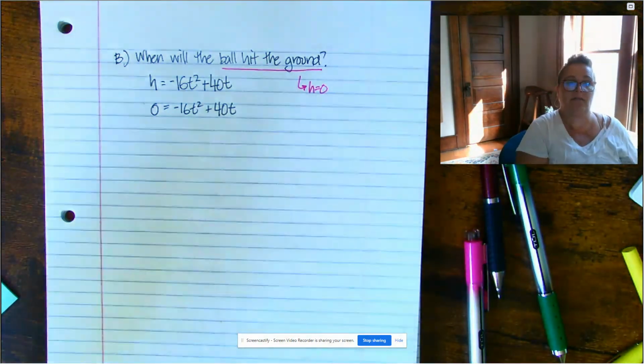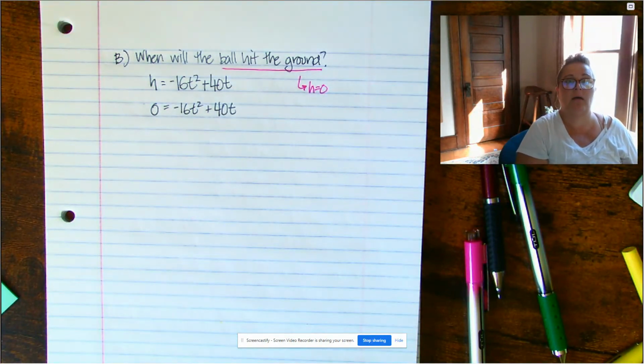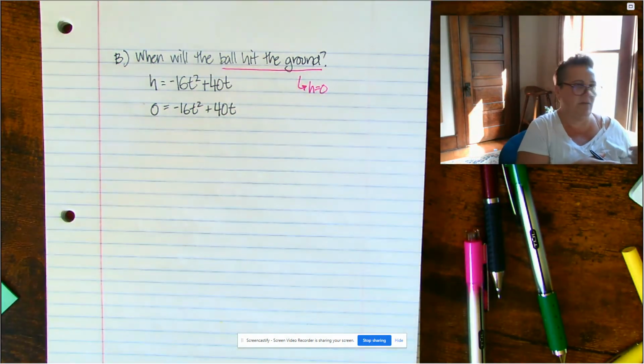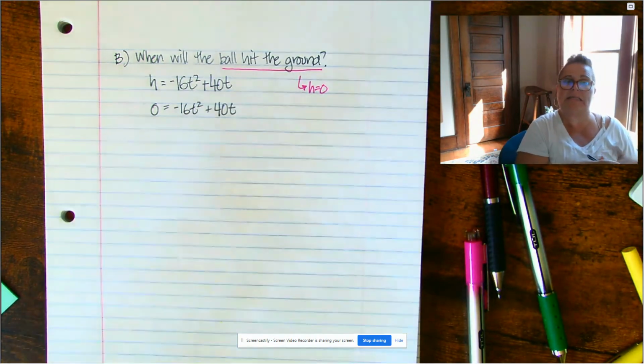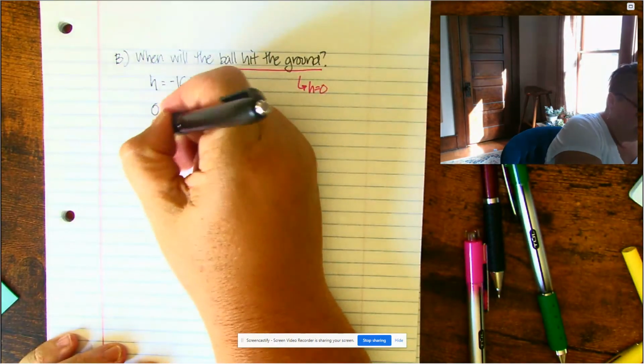Now, there are lots of ways to solve this. I'm going to solve this one not using the discriminant and the quadratic equation, but I'm going to factor.